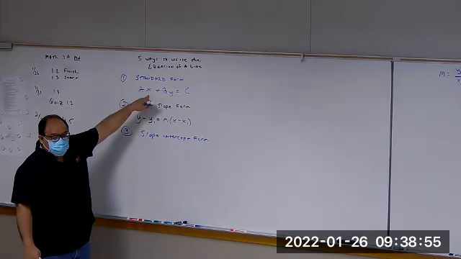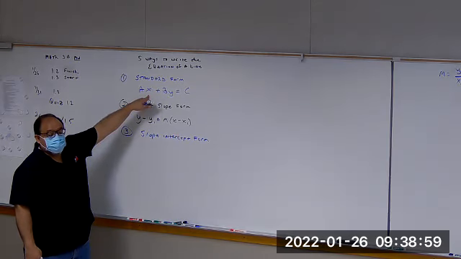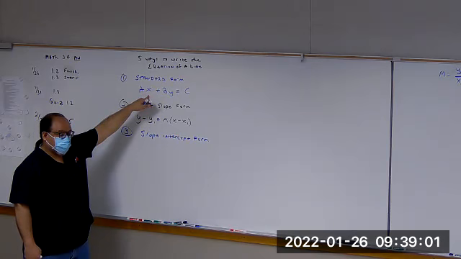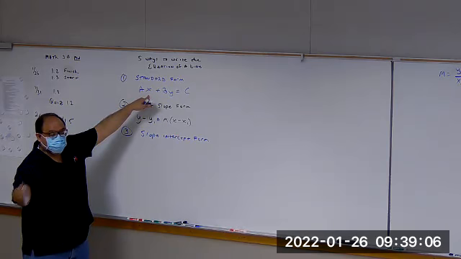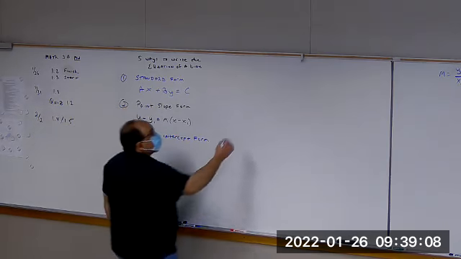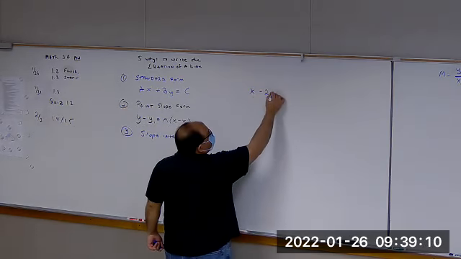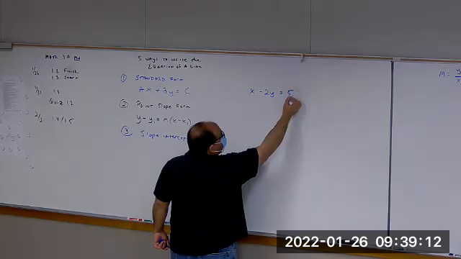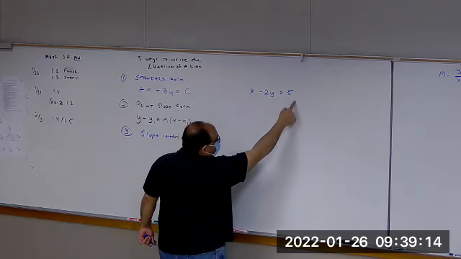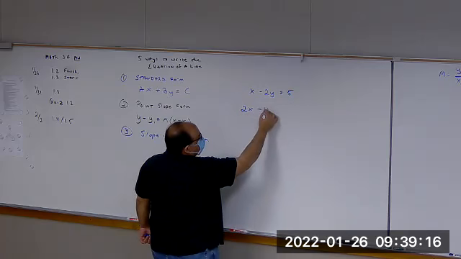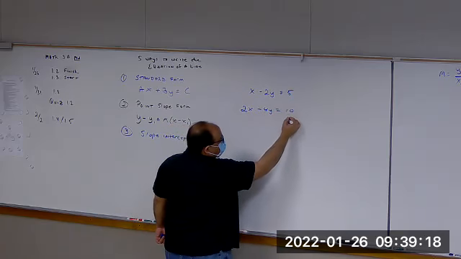Standard form, you could have an infinite number of answers that represent exactly the same line, because all you got to do is multiply by the same thing on both sides. In other words, if I had x minus 2y equals 5, that is exactly the same as 2x minus 4y equals 10.